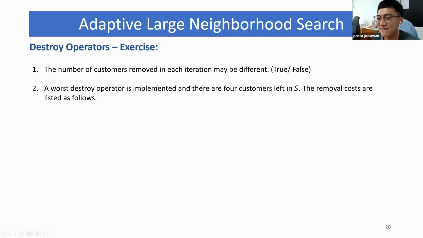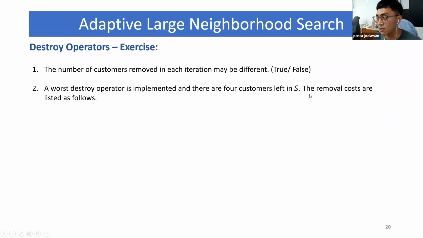Okay, so the second one, a worst destroy. This is not a true or false question. So please pay attention because we want to learn more about how to remove a customer from the list. A worst destroy operator is implemented and there are 4 customers left in the solution.